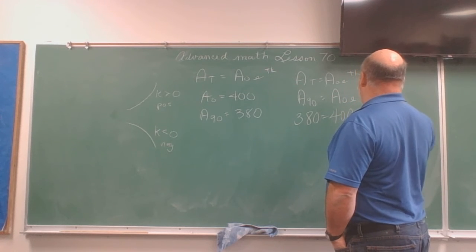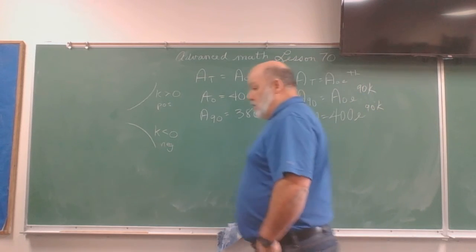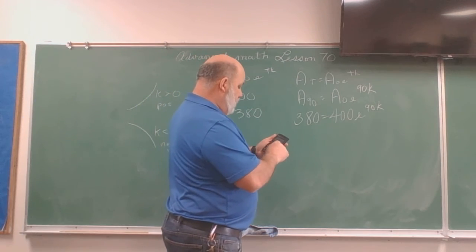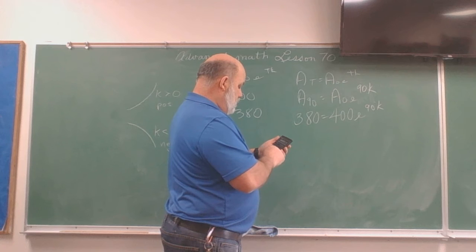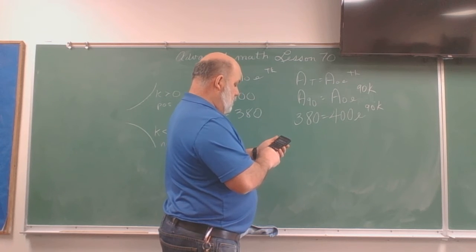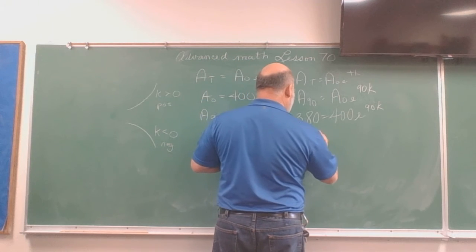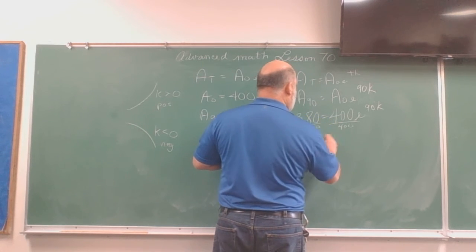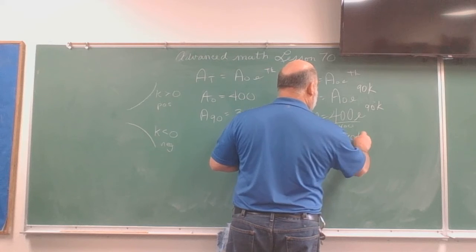E to the 90k. We're going to do 380 divided by 400. And we get 0.95. I guess I should show it. Equals e to the 90k.